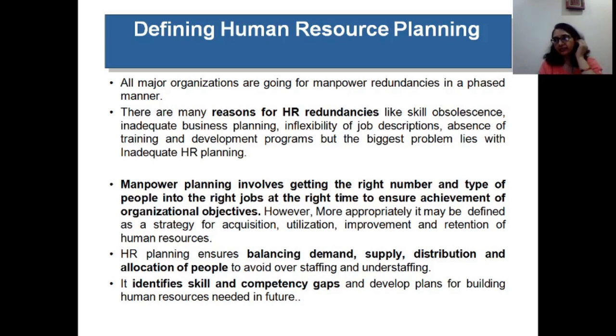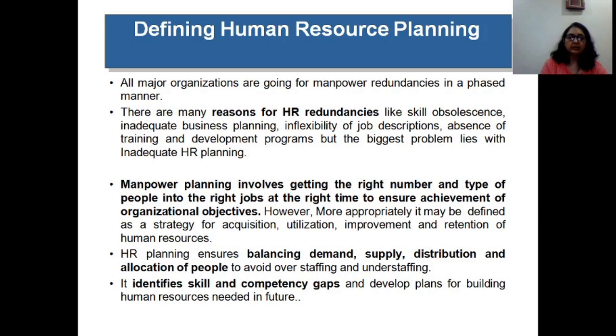But this definition has a narrow focus, and it is only looking at the assessment of the number. More appropriately, HRP can be defined as a strategy for acquisition, utilization, improvement, and retention of human resources. So HRP is looking at balancing the demand and supply of human resources.